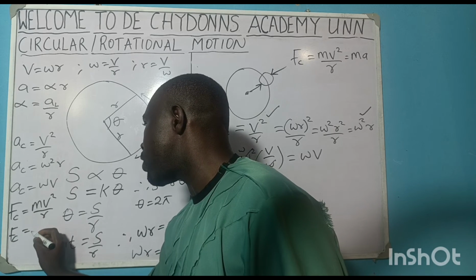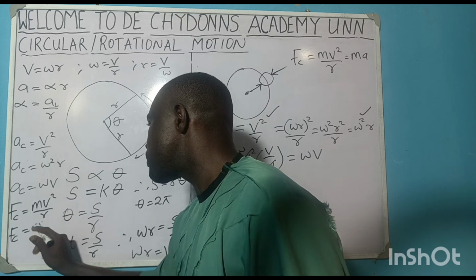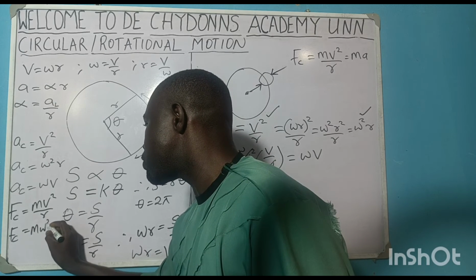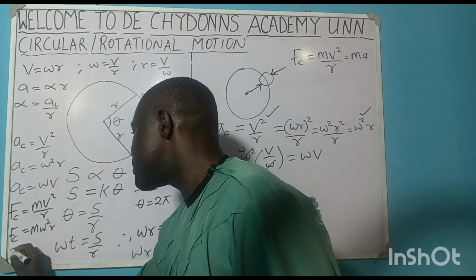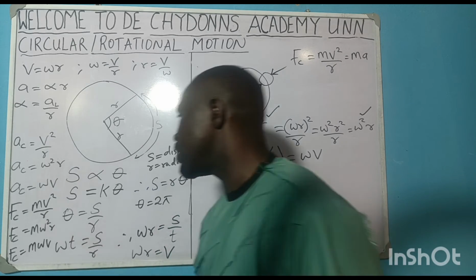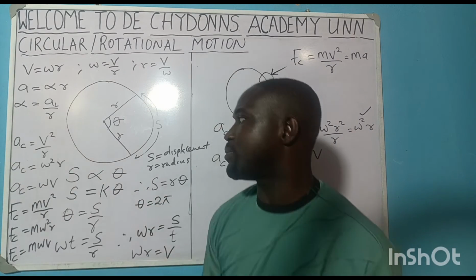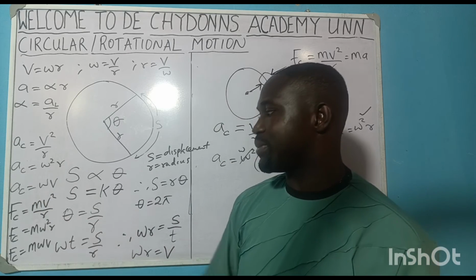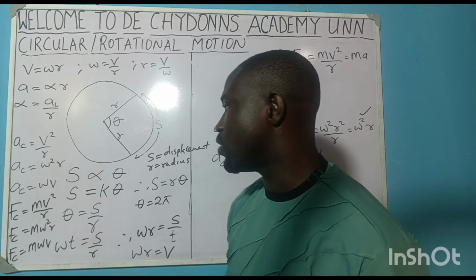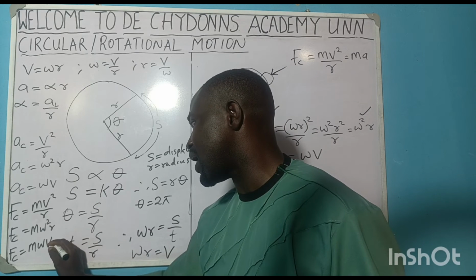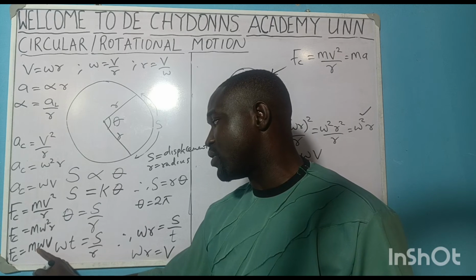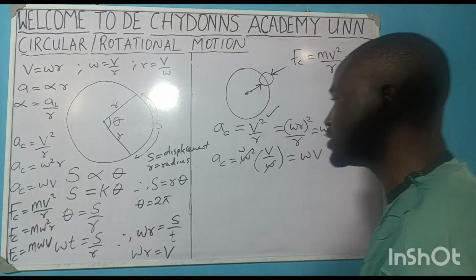Centripetal force equals m w squared r. Centripetal force equals m w v. That is mass times this centripetal acceleration. This is v, okay? This is v, not r. Mass times angular velocity times linear velocity.